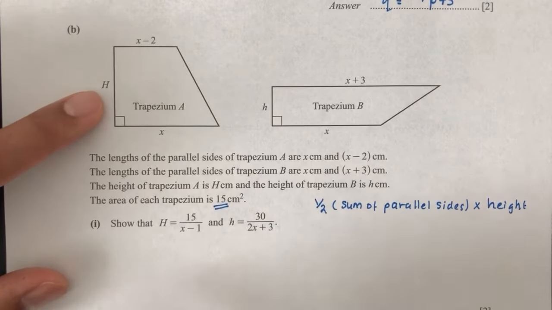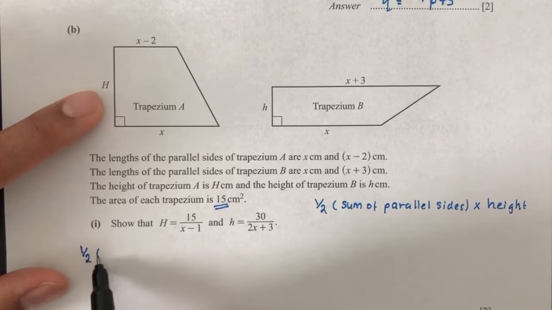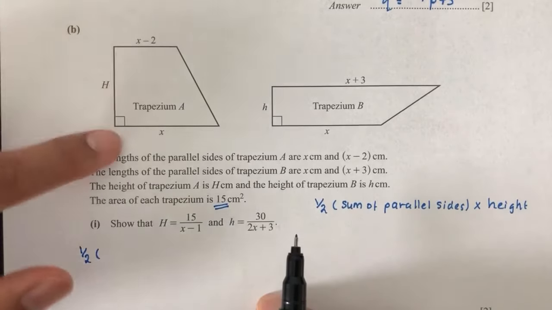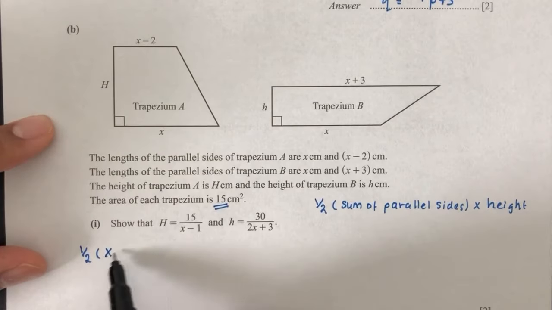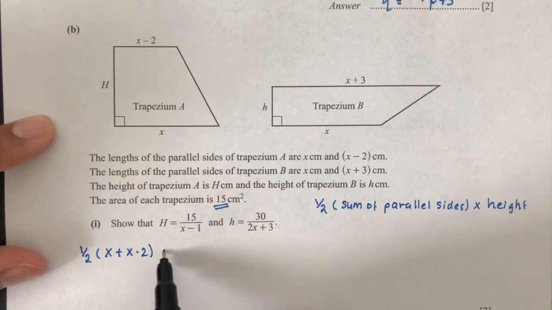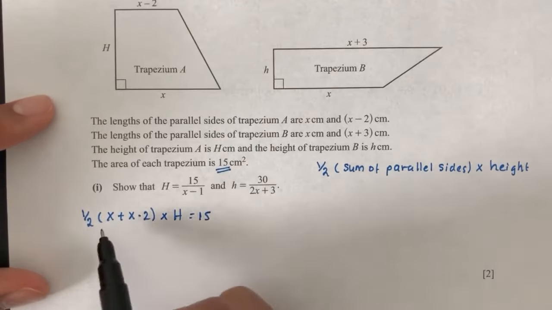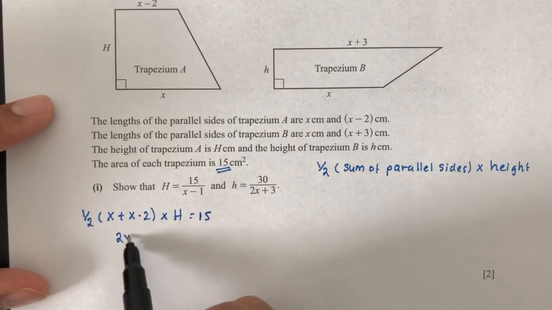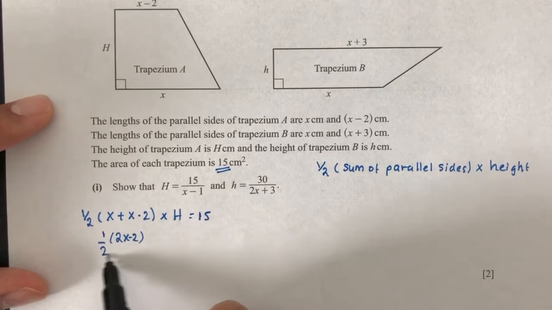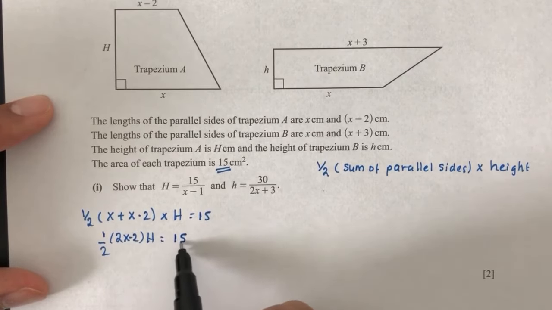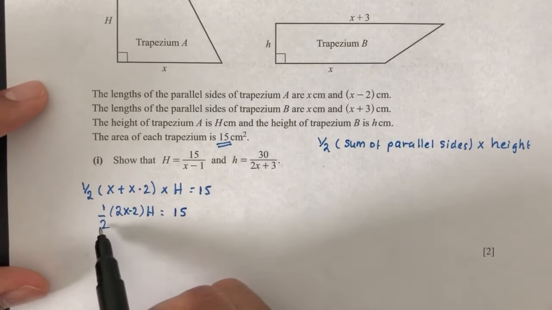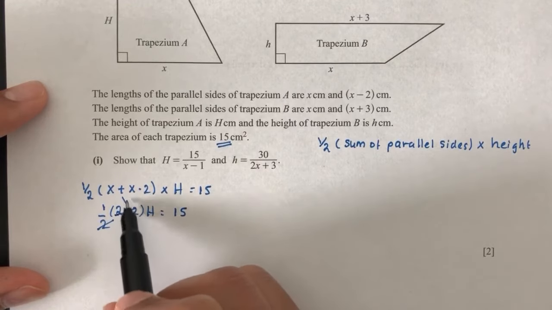For the first one, half times the sum of parallel sides will be x plus x minus 2 times height equal to 15. So simplify. Here you will have 2x minus 2, half h equal to 15. So this simplifies to x minus 1.